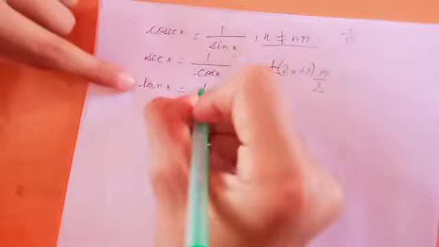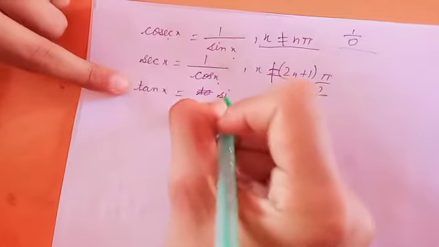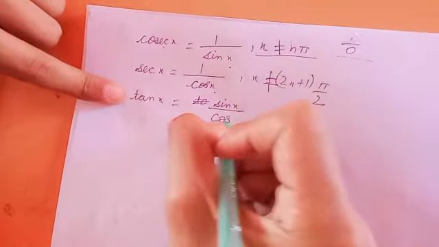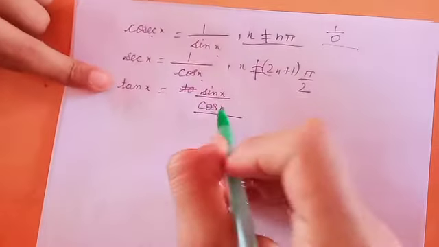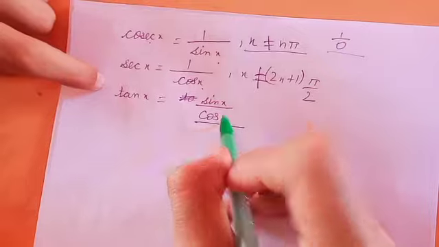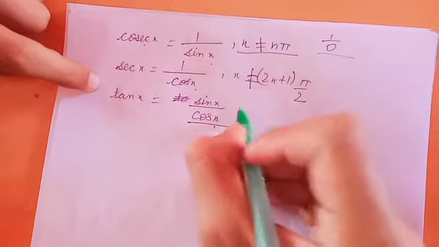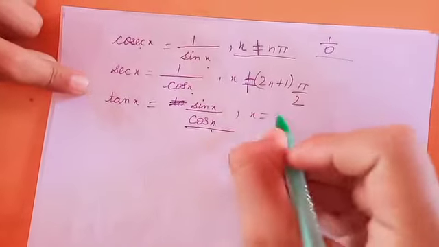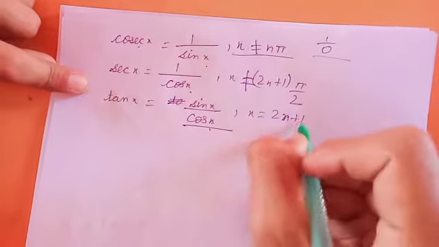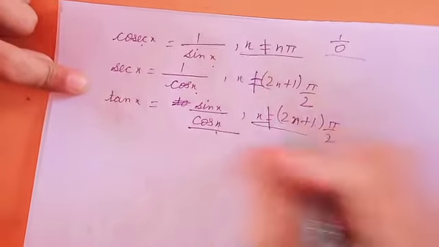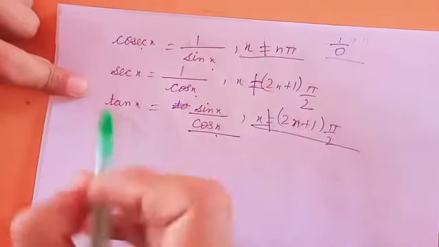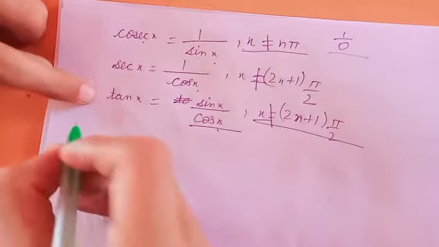Now if we talk about tangent and cotangent, they are also the same. What is tangent? Tangent is sin x by cos x. Cos x is in the denominator, so cos x should not be 0 to make it defined. And cos is 0 at (2n plus 1) pi by 2. So x should not be equal to (2n plus 1) pi by 2 to make tangent defined.